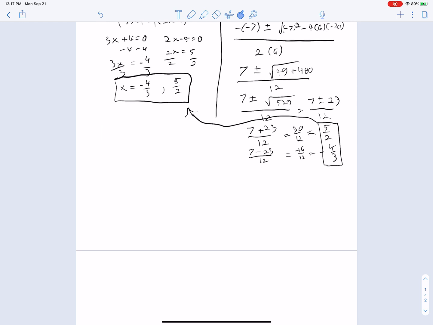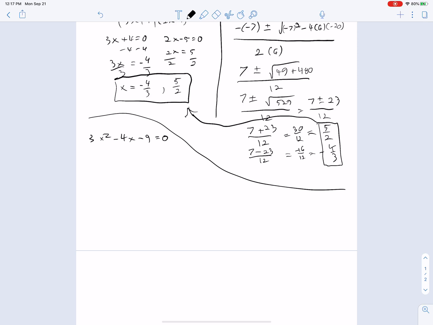So let's look at 3x squared minus 4x minus 9 equals 0. So again, we have our a equals 3, our b equals -4, and our c equals -9.